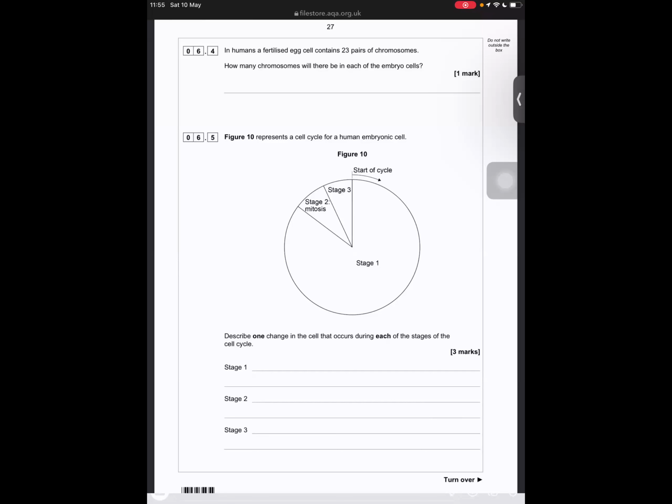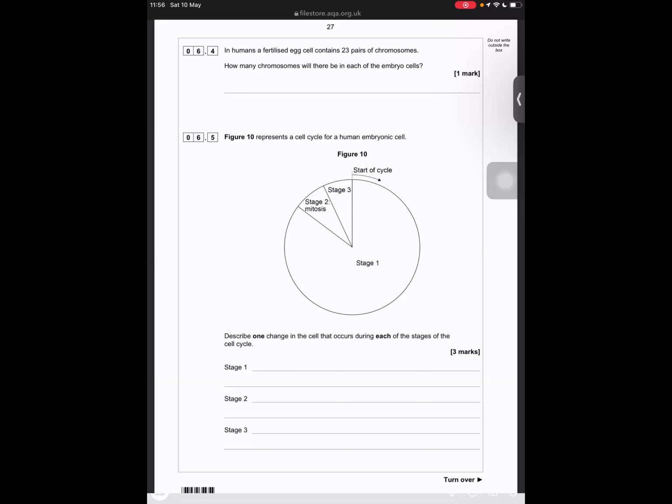It should be the same thing, right? Yes, it should be the same. It doesn't change. It doesn't produce another cell that has a different number of chromosomes. 23 pairs of chromosomes. It's the same.